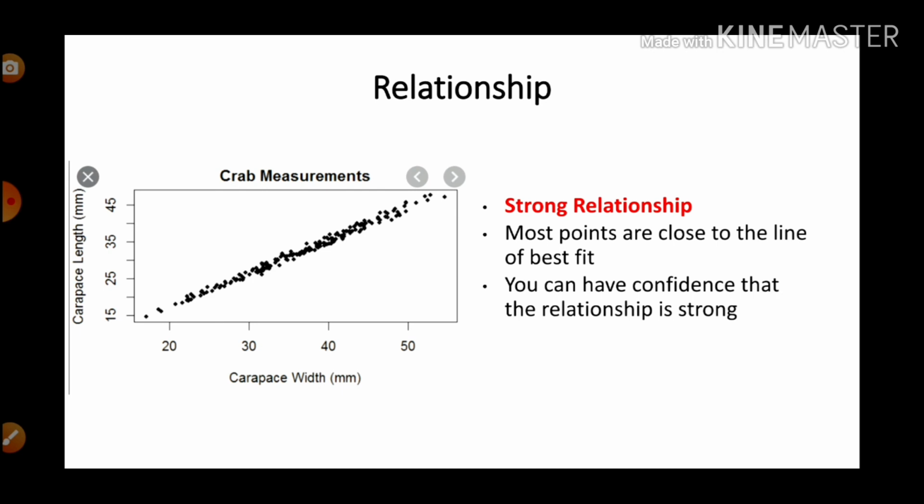Yep, if I draw the line of best fit in the middle, almost all the points are very close to the line of best fit. If so, we can say the relationship is very strong. So the width and the length are very closely related. So, a very strong relationship.